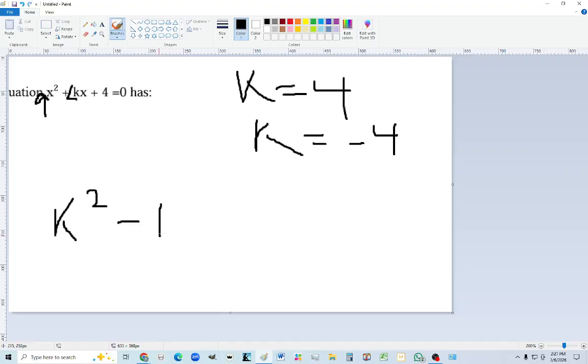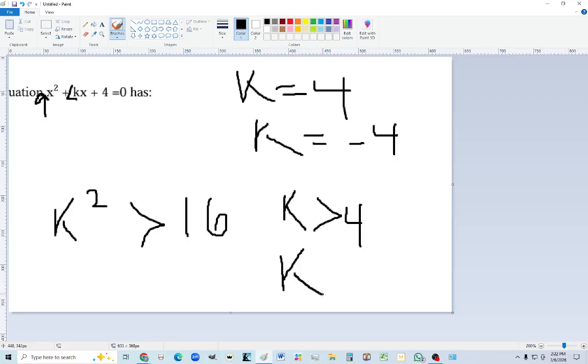So yeah, it's minus 16. It's bigger than 0. So we have to solve. We have to add 16 to both sides. And then we have to take the square root. Well, it's when k is bigger than 4. And here's the weird one. When we do the negative version, you have to change the sign. It's smaller than 4.